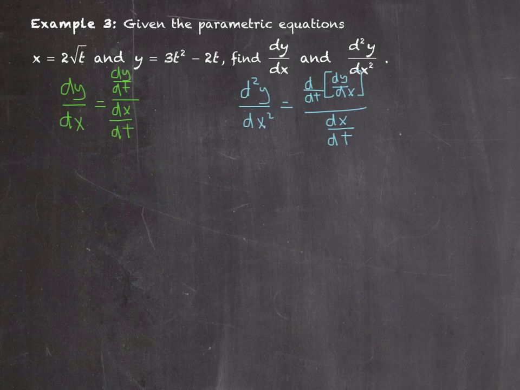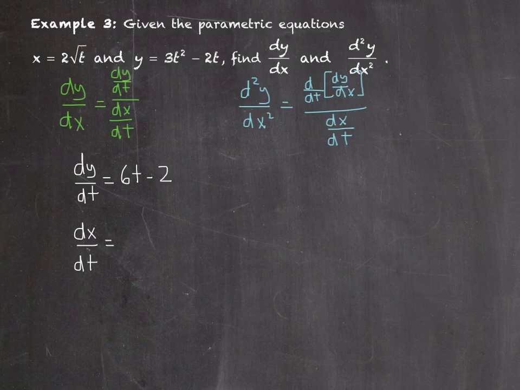So we're going to take the derivative of the y function with respect to t. So dy/dt is going to be 6t minus 2. And then dx/dt is going to be, well, looks like it's going to be t to the -1/2.